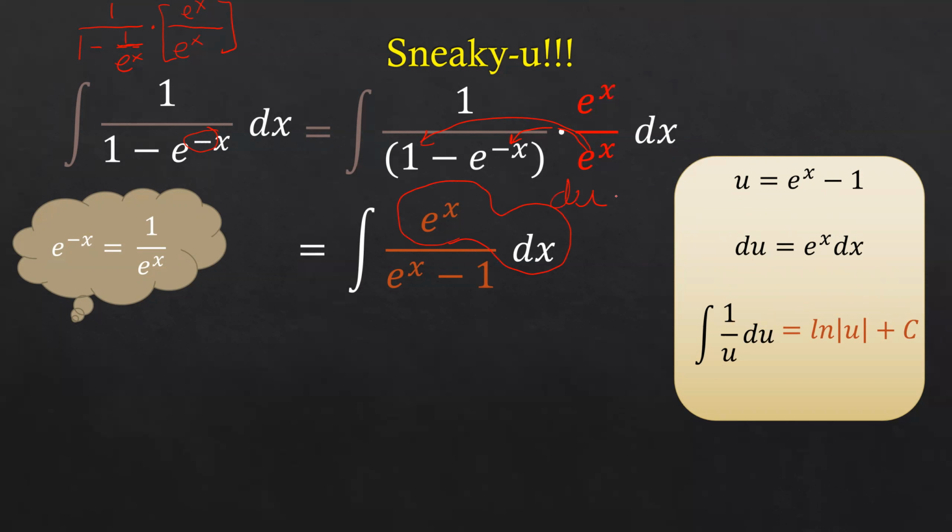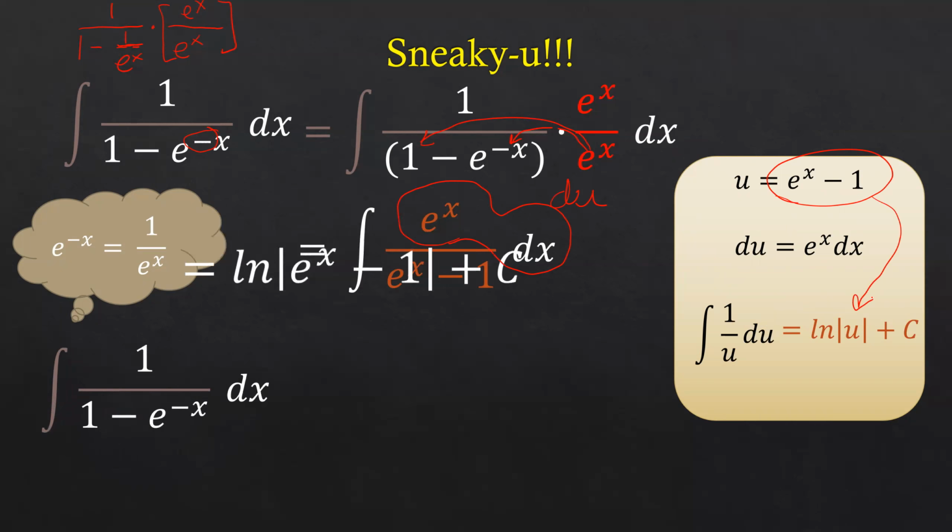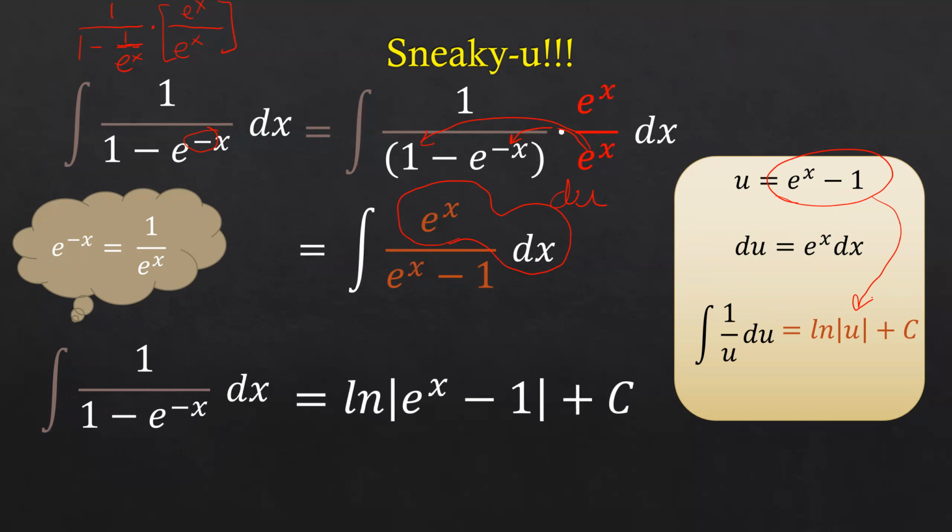So then go back and substitute x back into your u. Your original integral will equal ln of the absolute value of e to the x minus 1, plus c. And that is how we do this integration.